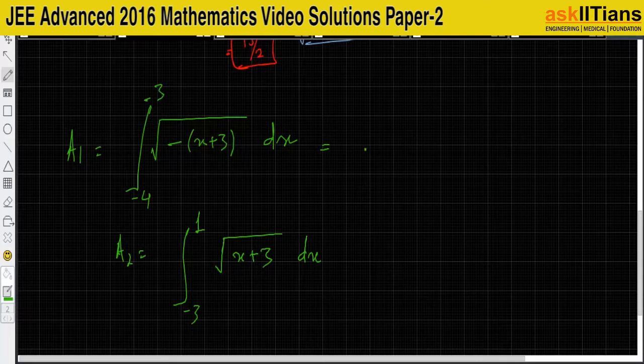So here I can simply write this is minus x minus 3, right? What I can do is I can simply take minus x minus 3 as t square. So minus dx will be 2t dt.